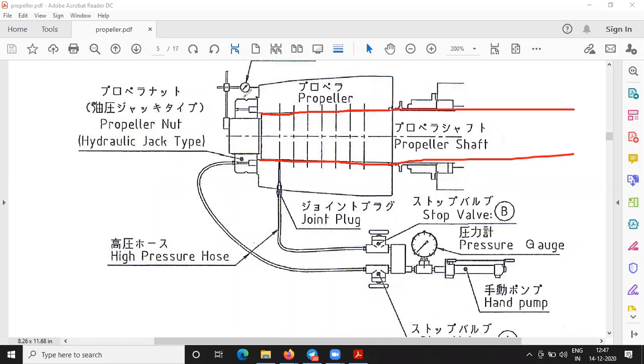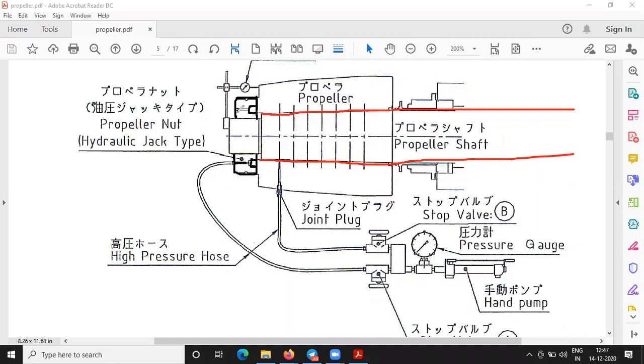This is the propeller nut. Okay, the propeller nut has got recesses, and after the recesses it has got the rubber.